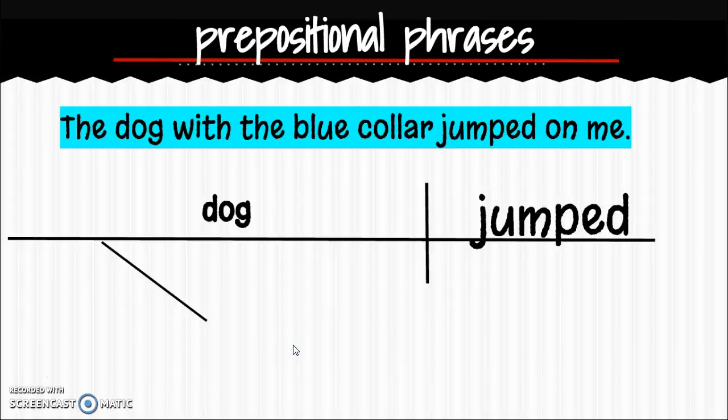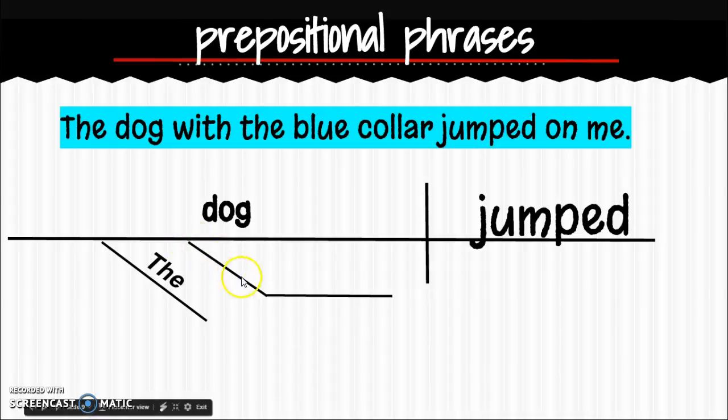Now I'm going to look for some modifiers. I know that the describes the dog. I also have some description about that dog with the blue collar, and I recognize with as a preposition. So here I'm going to need a prepositional phrase line. So I start with the diagonal line, and this is where my noun's going to go. With is my preposition.